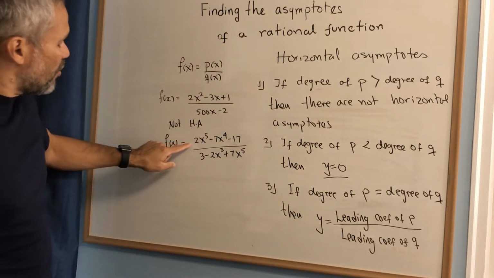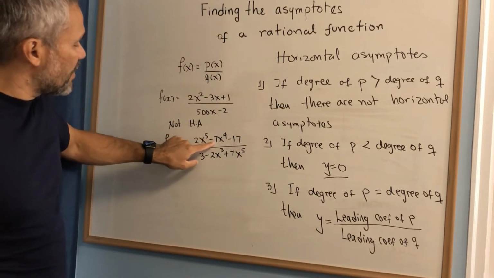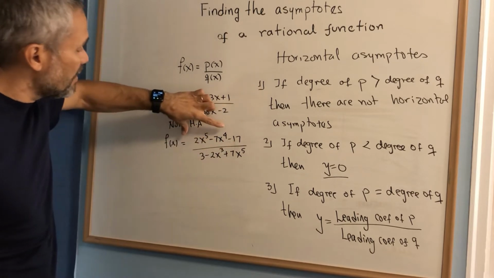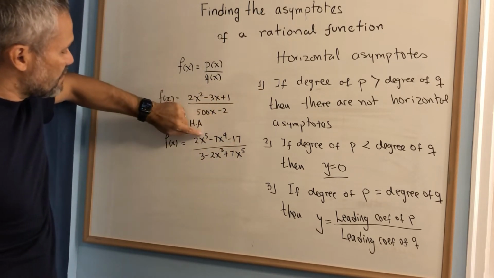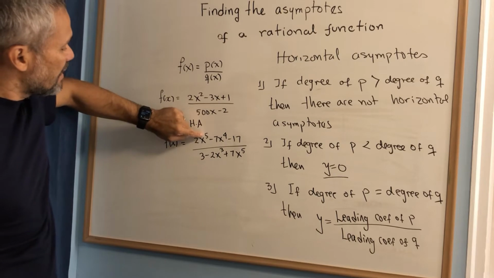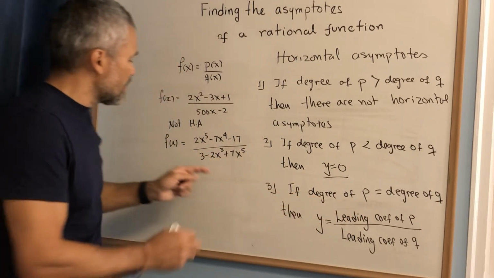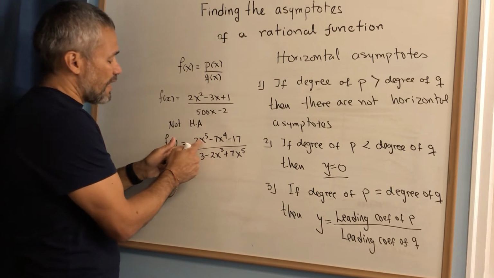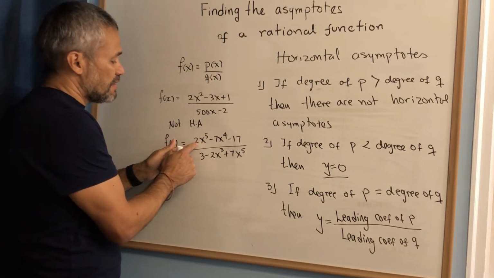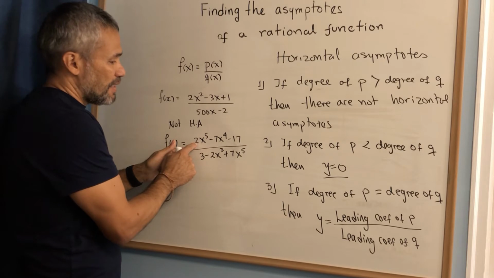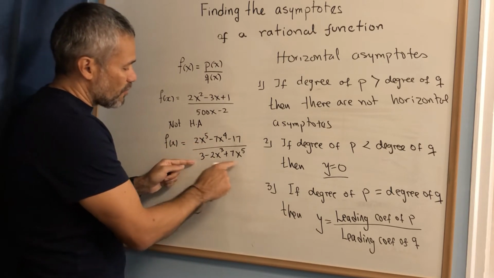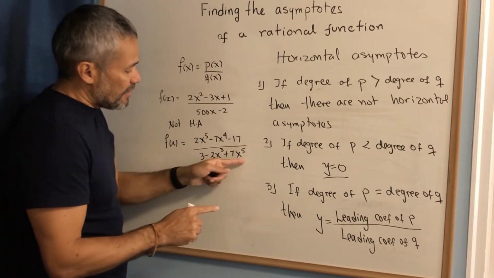In this case, the polynomial p is 2x to the 5th minus 7x to the 4th minus 17, and we see that the degree is 5. That's the highest exponent of the x, and the leading coefficient is the coefficient that goes with the highest exponent. In this case, the leading coefficient of p is 2, and for the denominator, the degree is also 5.